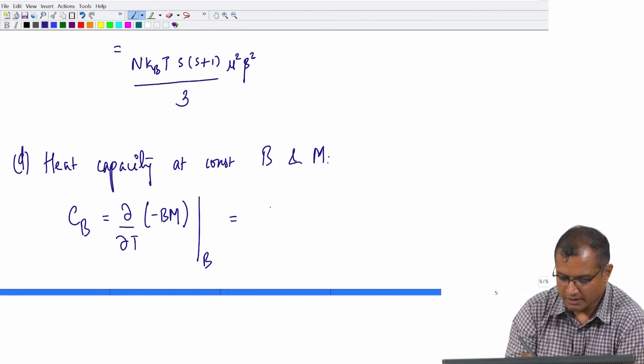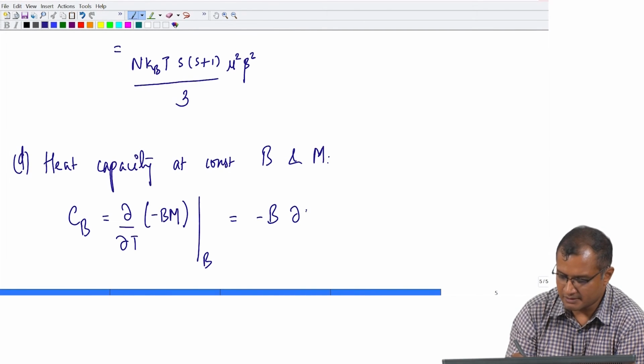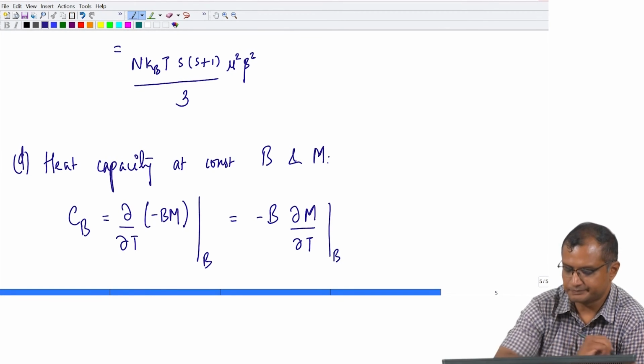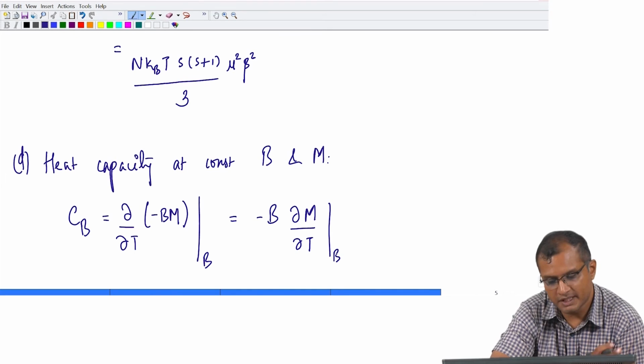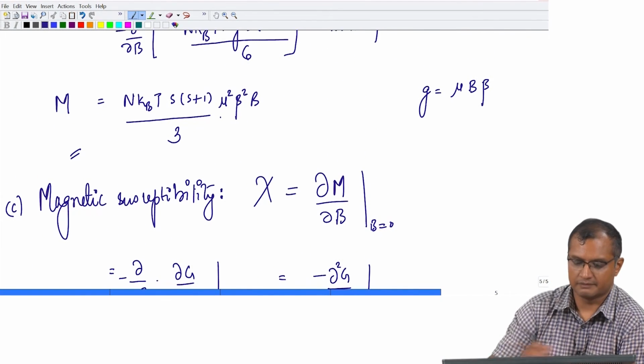You can take the field outside because it is held constant, and this is just the temperature derivative of the magnetization, which has already been computed for your ease over here.